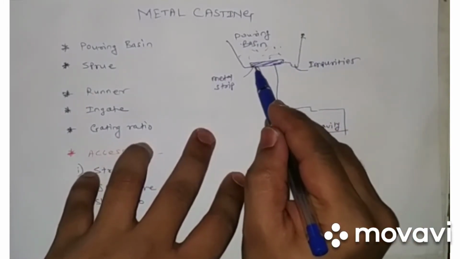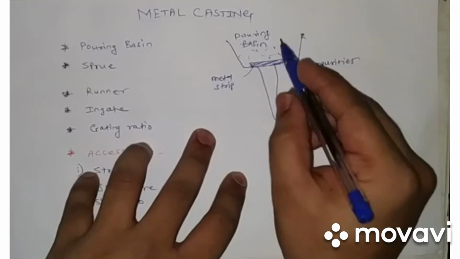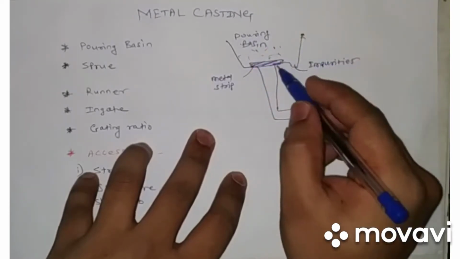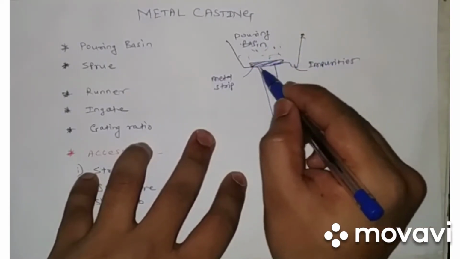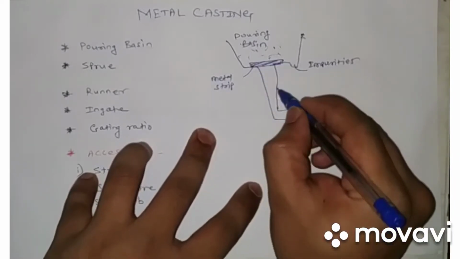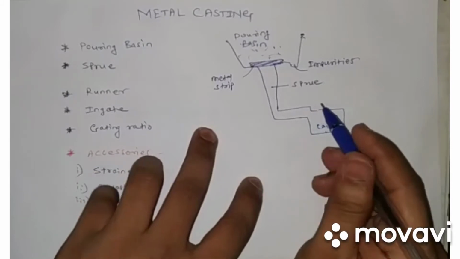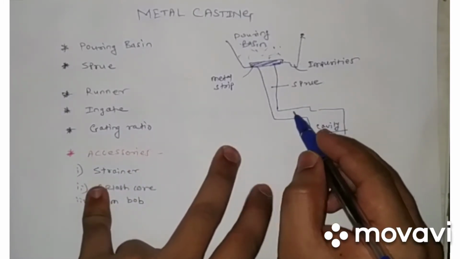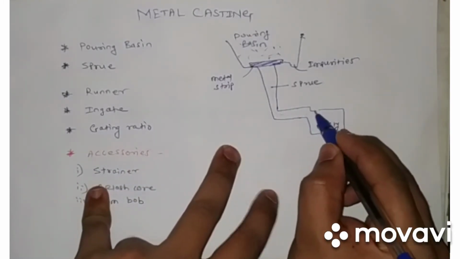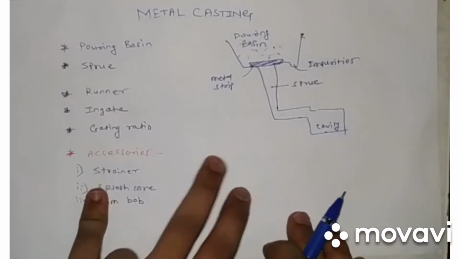This metal strip will get melted, and because of that we get a uniform flow of the material, and that's why this metal strip is kept here. So this is our sprue. Now this material comes into this runner, and from this ingot it enters into the cavity.